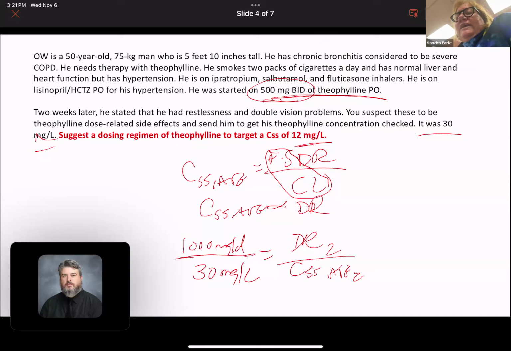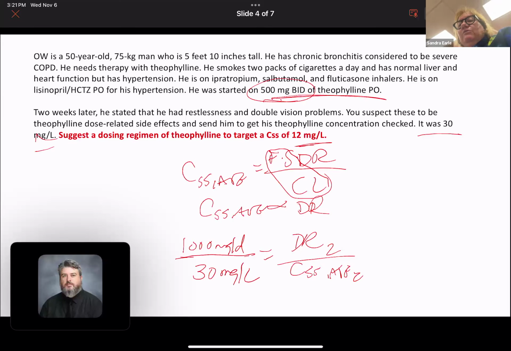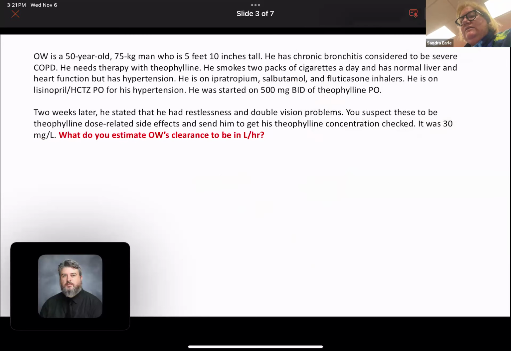So when we guessed back on this slide, well, I erased it, but when we guessed what his clearance was, which was 3 point something, obviously that was faster than his clearance actually was. His clearance is actually slower than that, because look, we got 30 when we expected to get 12, right? So now we can figure out our new dose rate if we put in here what we want the resulting Css, oh shoot.